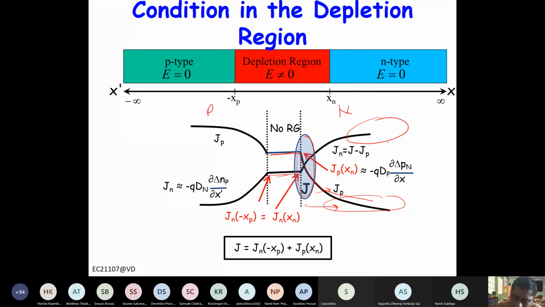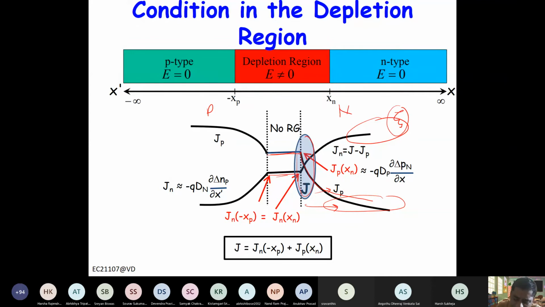So then we cannot say that all the applied field is actually falling across the depletion region, right? But if you notice, the majority carrier concentration is quite large. So for the same current, it will require a very small voltage, right? So that means the field that is dropping here will be required, but it will be very small, right?